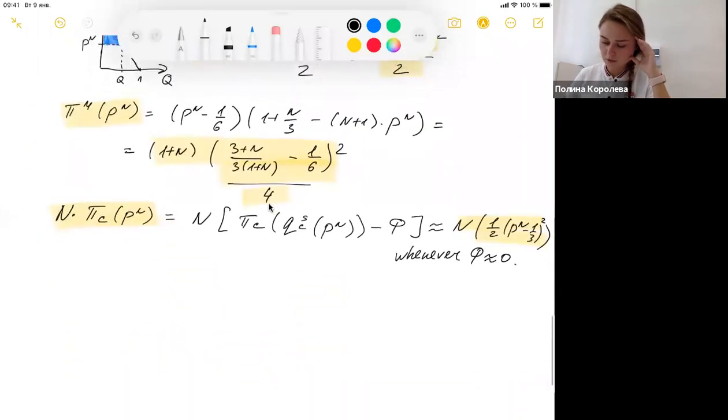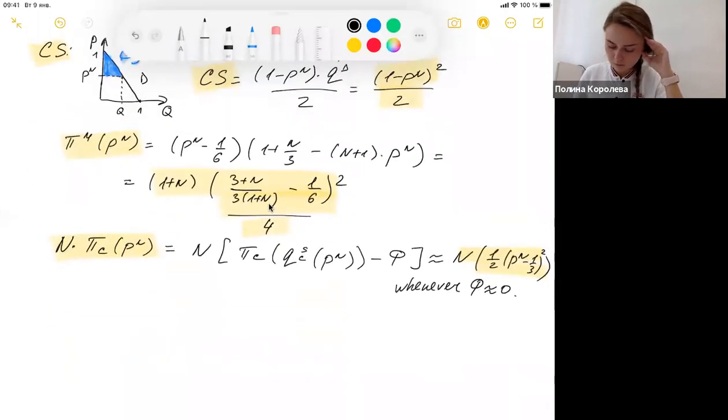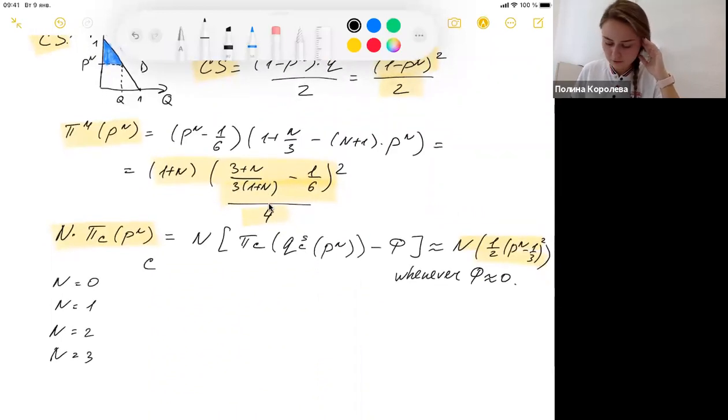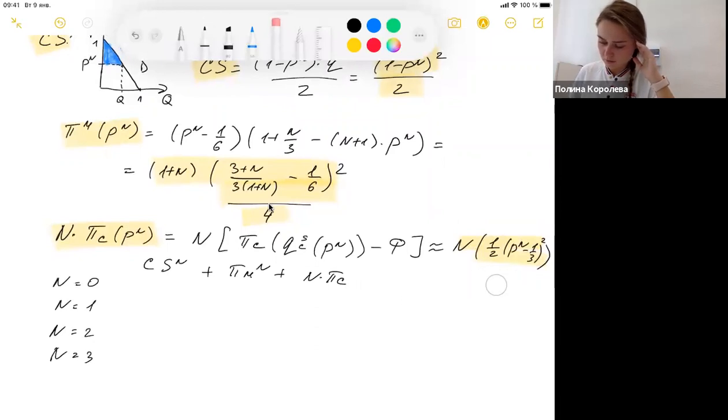Now for each number of firms we need to count consumer surplus, profit of monopolist, and n multiplied by PC. We need to sum them up and find social welfare. So we need to count.